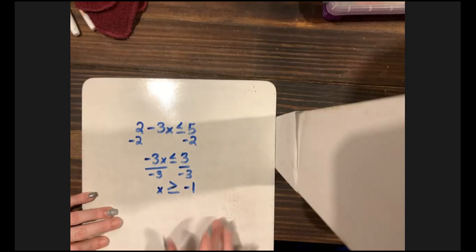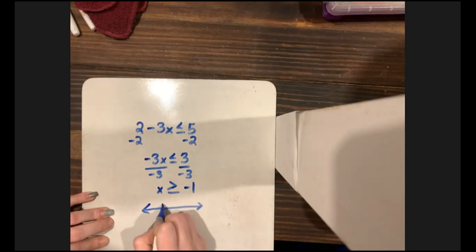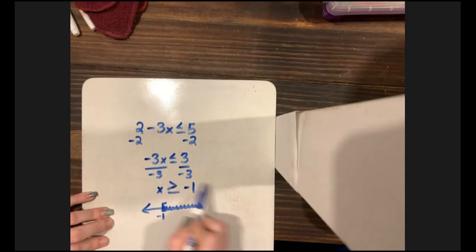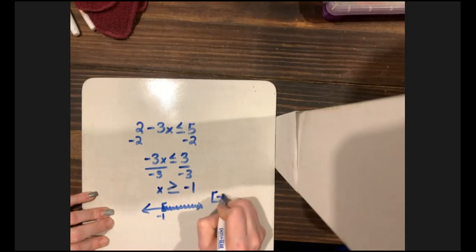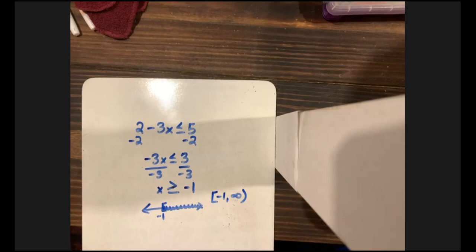So I've got x is greater than or equal to -1. If I need to put this onto a number line, here's -1. I'm going to have a bracket on it, and I'm going to color up this direction. This is already very similar to set builder notation. And if I needed to put this into an interval, I could run it out to here.